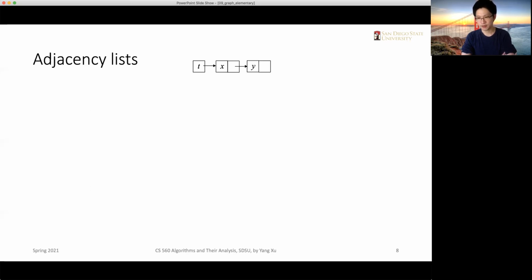But I would say most of the algorithms that we are gonna implement in this lecture basically use adjacency lists, because this way of representing the graph is more straightforward.